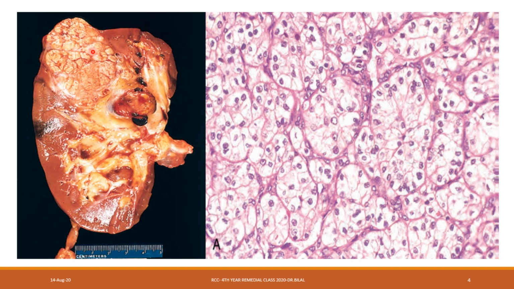It is yellow or yellowish brown in color. Actually, it looks more yellowish when we see such a tumor in practical life. So this is more of a yellowish tumor protruding above the surface of the kidney, and it is sharply demarcated from the surrounding normal kidney. You can see here, this is the interface.